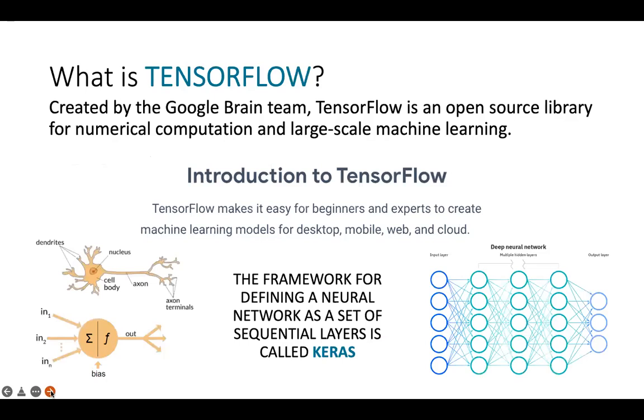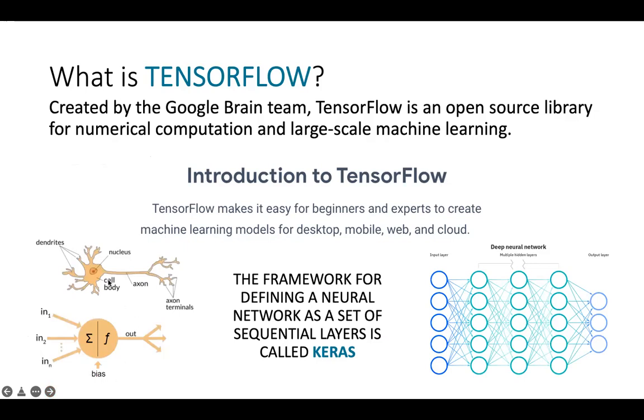First of all, I want you to know that we will use TensorFlow, an open source library for machine learning and other computations created by the Google Brain team. And the framework for defining a neural network as a set of sequential layers is called Keras.